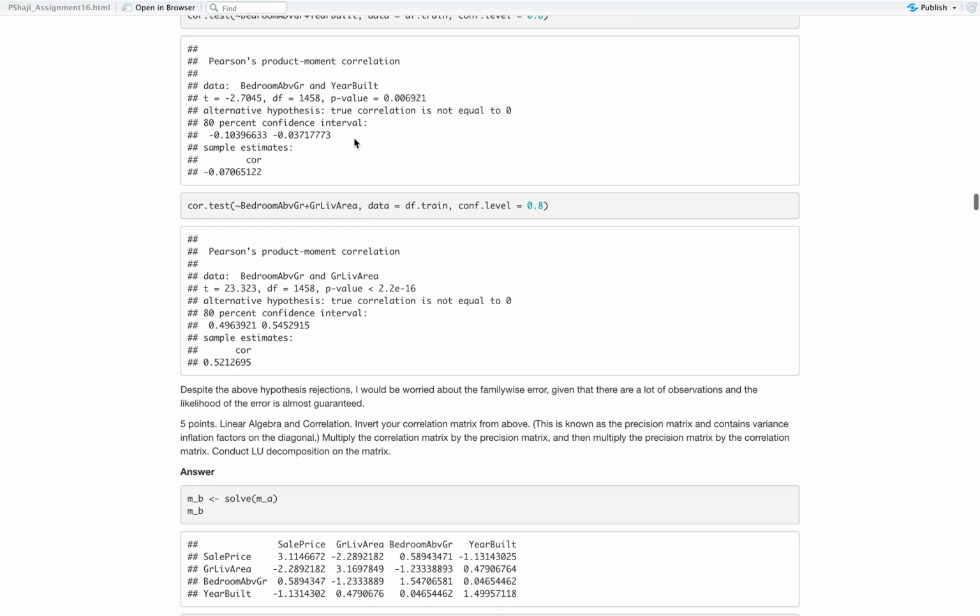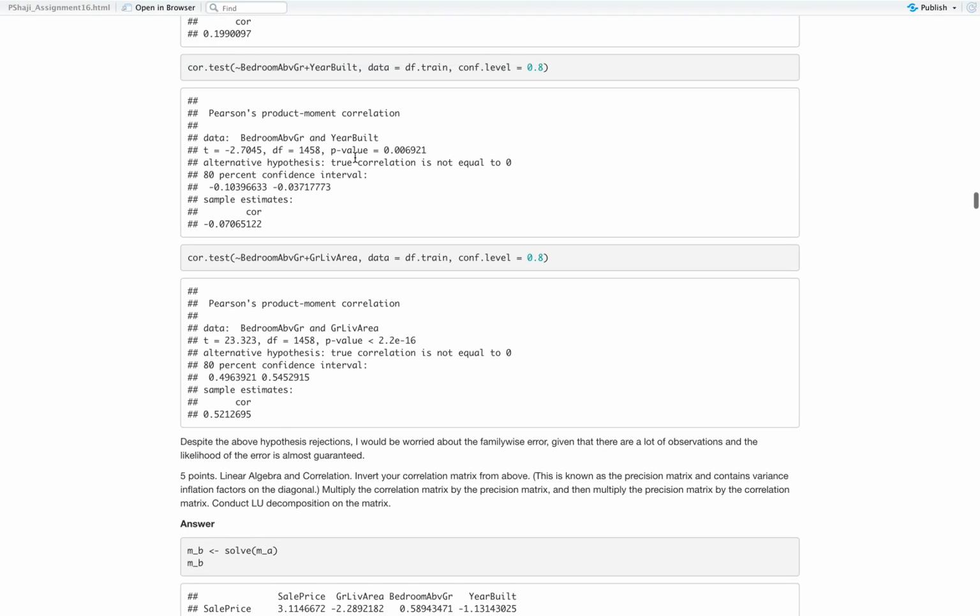So seeing all three correlation tests, and despite the hypothesis rejections, we would be worried about the family wise error, because given that there are a lot of observations, the likelihood of error is almost guaranteed.